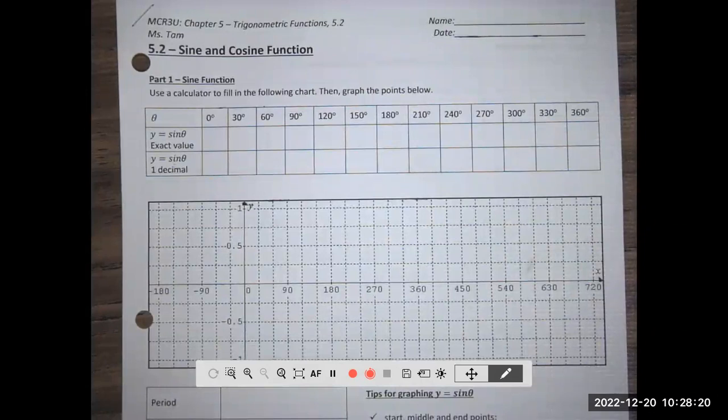Did you want a handout? Yeah, go for it. Okay, that's okay. Yeah, valid.